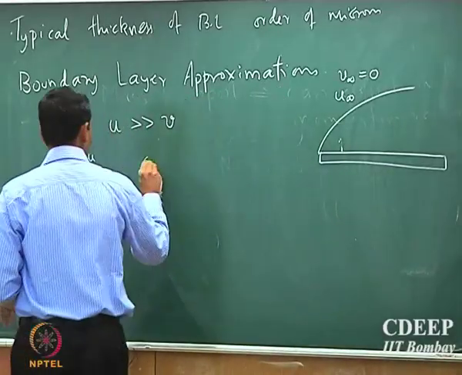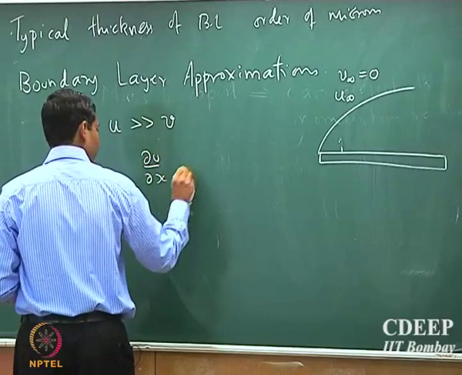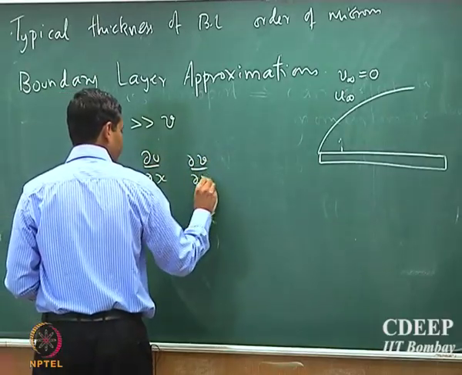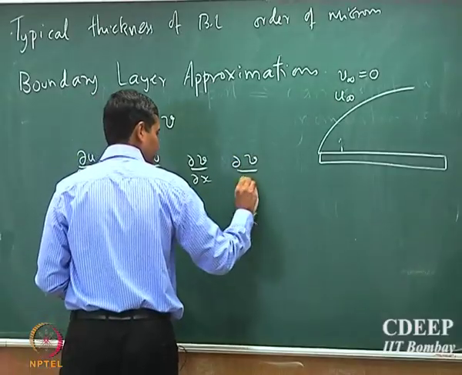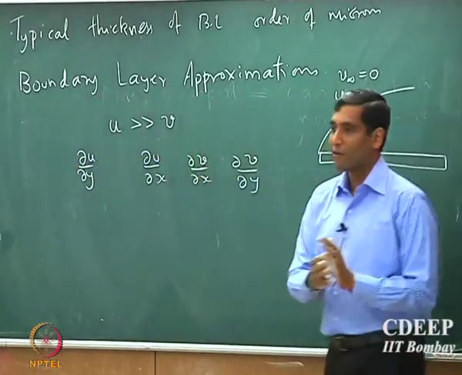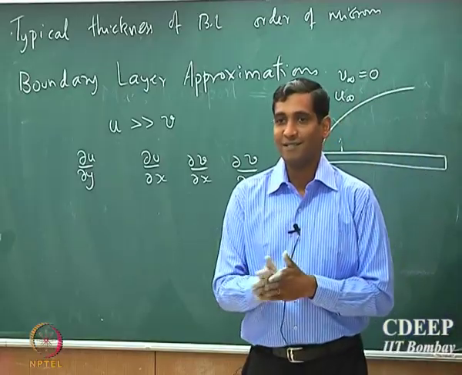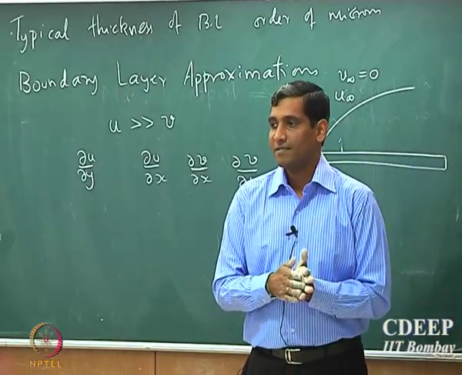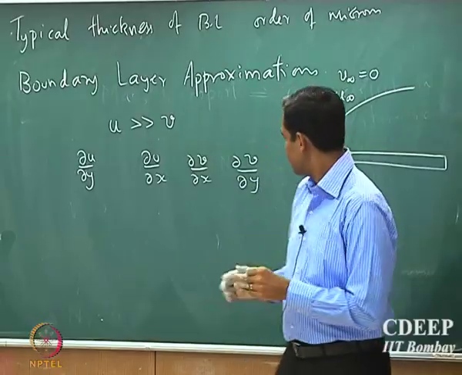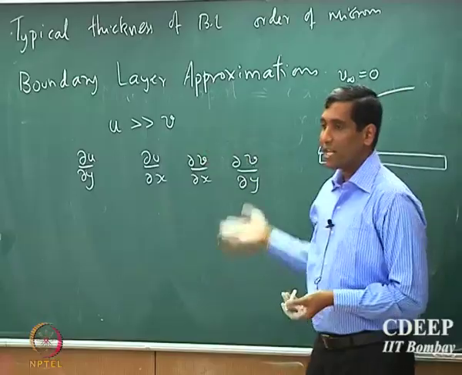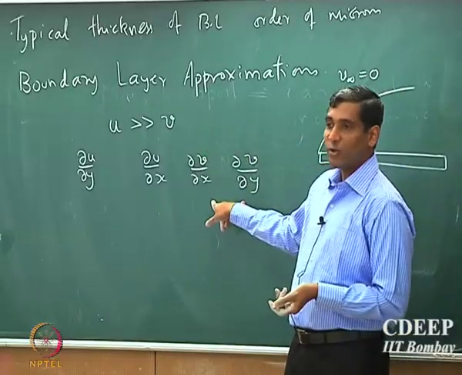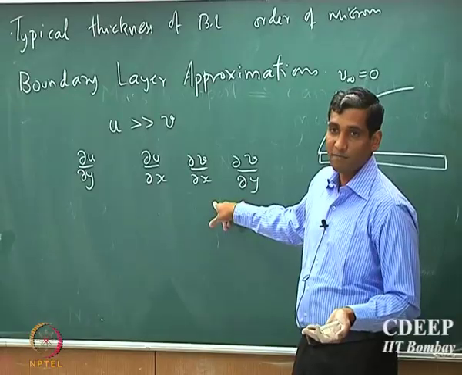Let us say du by dy, du by dx, dv by dx, and dv by dy. What about the order of magnitude of these four? V itself is very small, right? So these two gradients are expected to be very, very small.